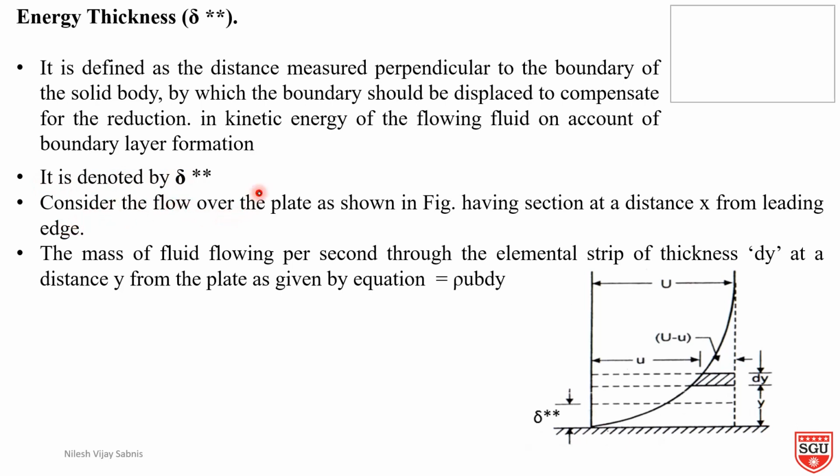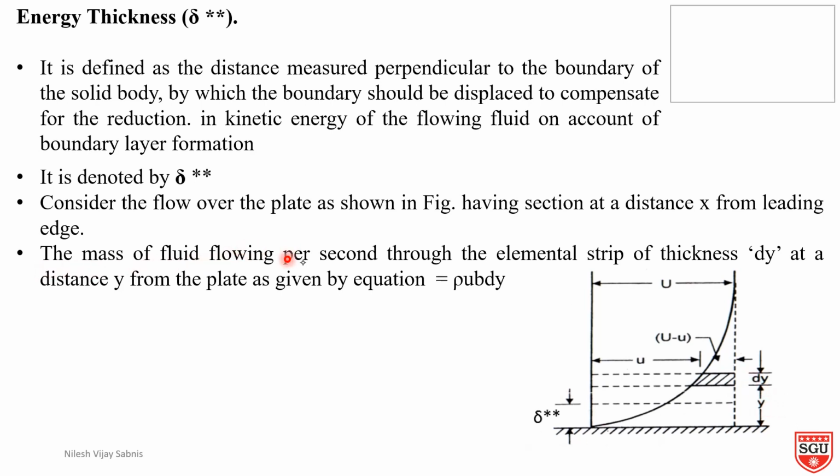Consider the flow over the plate as shown in the figure, having a section at a distance x from the leading edge. Here is the plate and this is the section which we are considering. This is the velocity profile. There is a small strip, having thickness dy, which is situated at a distance y from the plate.